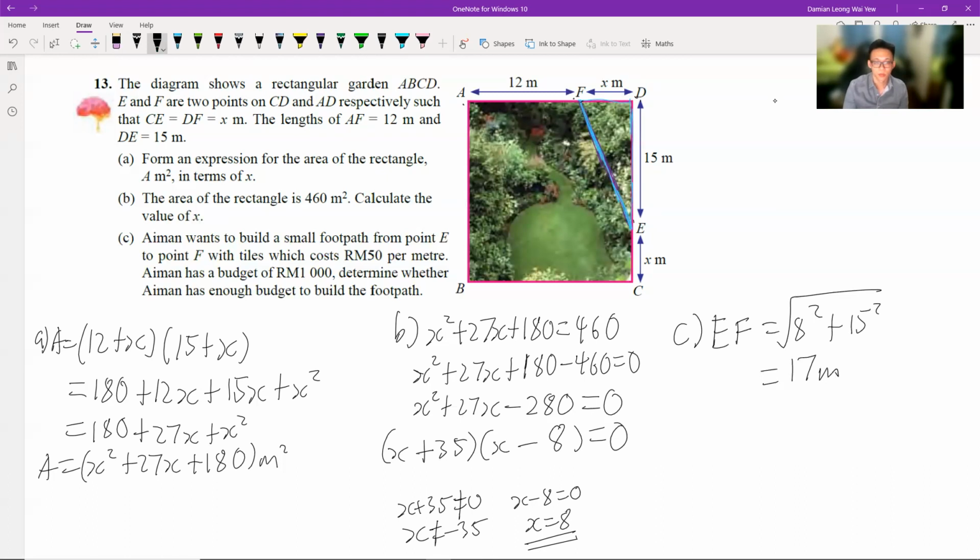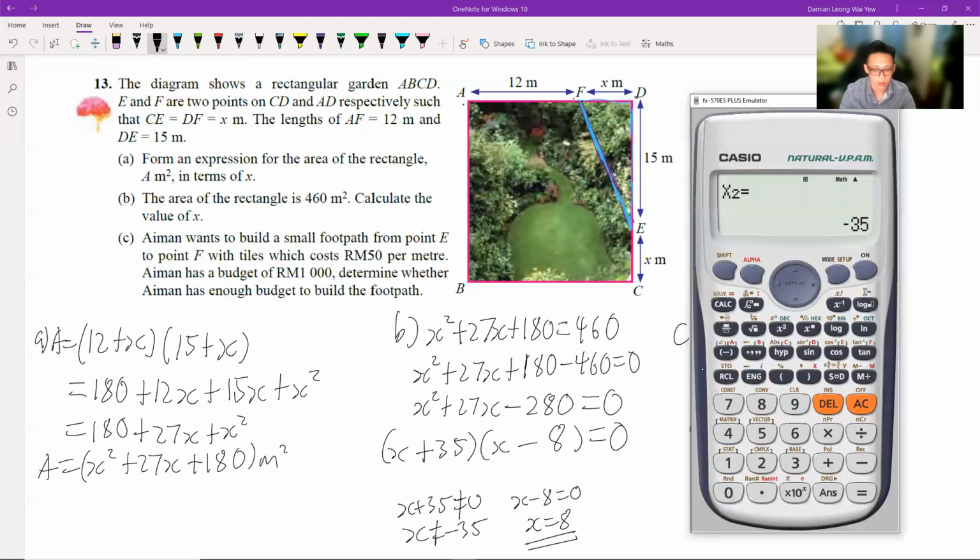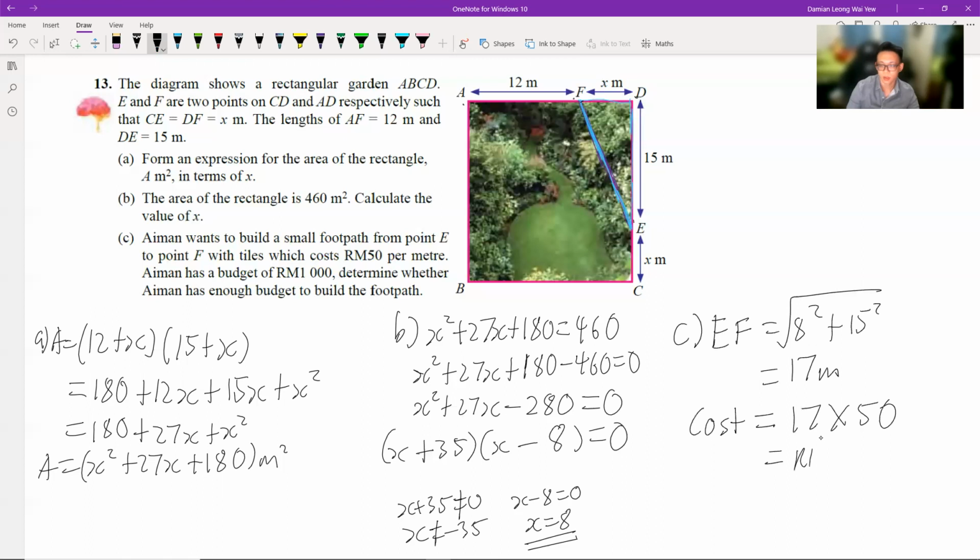So the cost for the footpath will be 17 meters times the 50 ringgit per meter. Right? So I take 17 times 50. I will get 850. 850 ringgit.